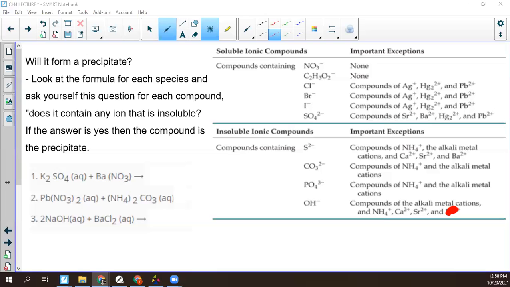I'm going to the other one. We ready? What product is formed?